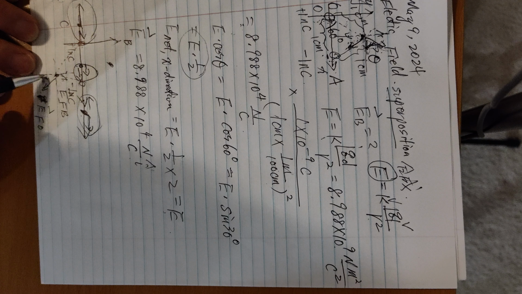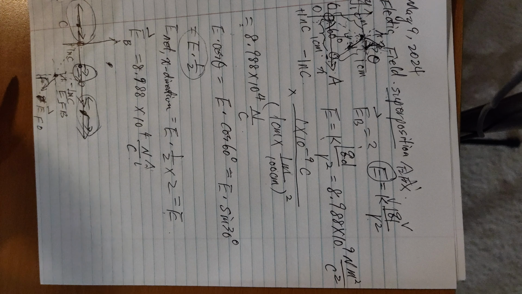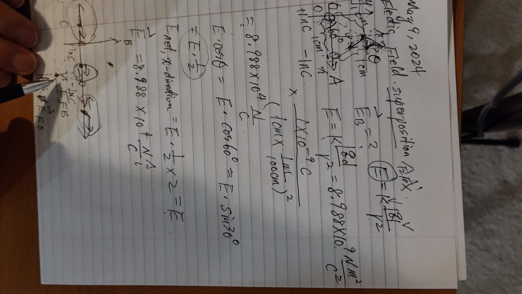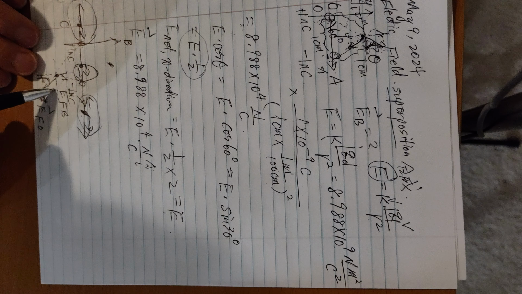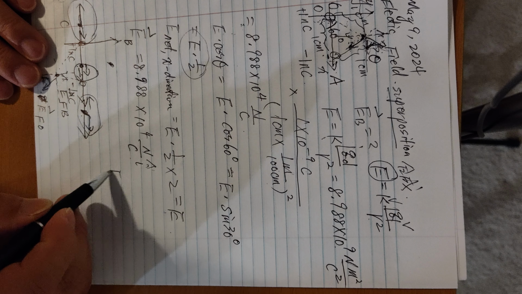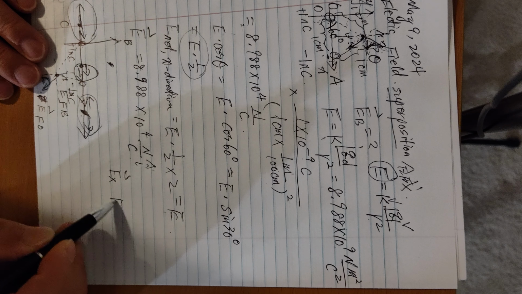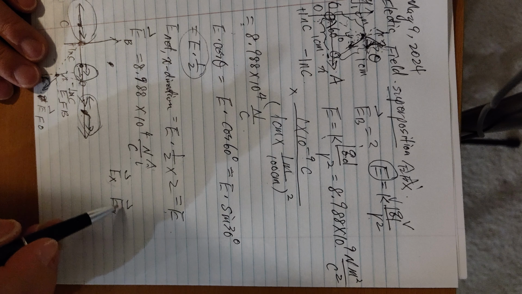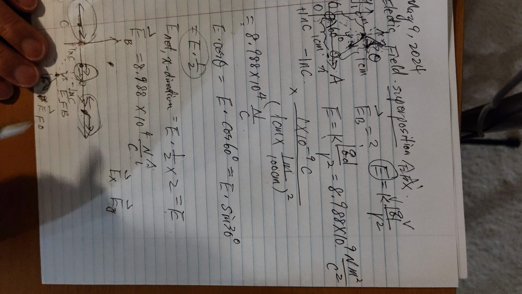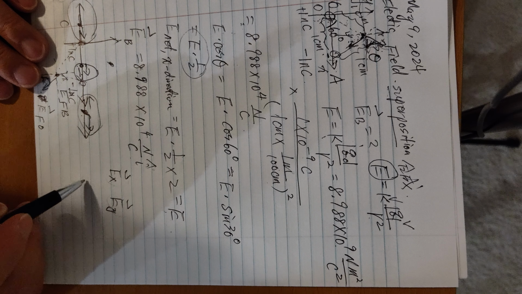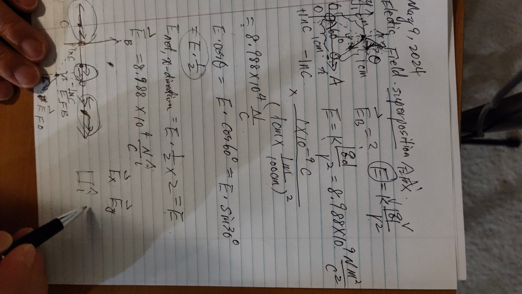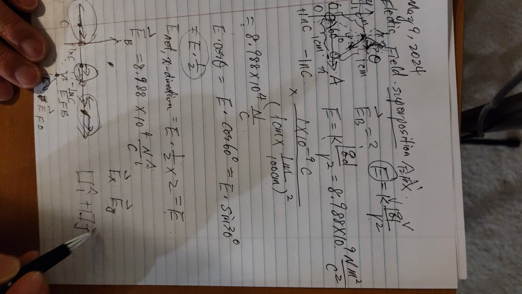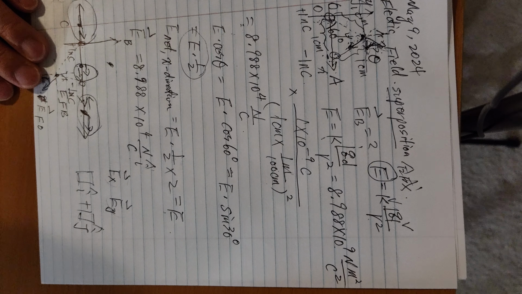Notice the y components' directions are opposite of each other, so indeed what you do is a subtraction. But in the x direction, the superposition is addition. And then you will get an Ex component and an Ey component. And then you either combine those two in one vector, or you write it down as i plus j. So it depends on what your teacher asks for.